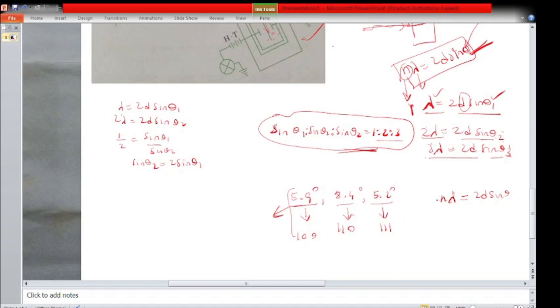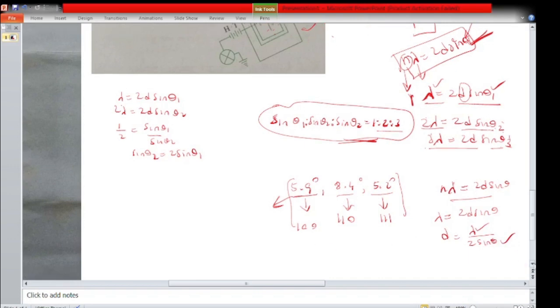So we have n lambda equals 2d sine theta, with n equal to 1. So lambda becomes 2d sine theta, or d becomes lambda by 2 sine theta. So you substitute those values of theta here, and lambda you know, and once you substitute that, then we get the interplanar distance.